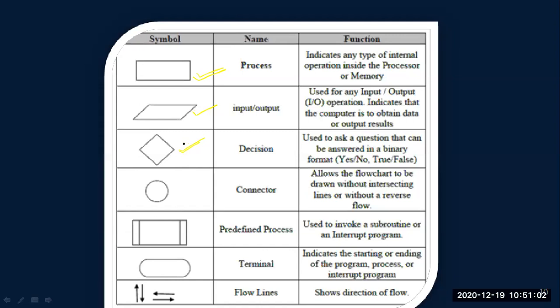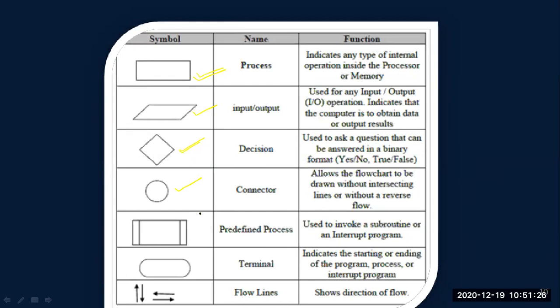In such a case, we have the connector, or flow connector, which allows us to join or interconnect the symbols without intersecting. We call it a circle. It's a circle.